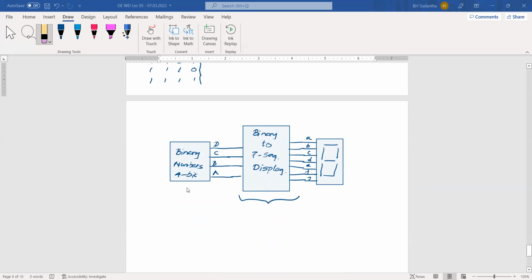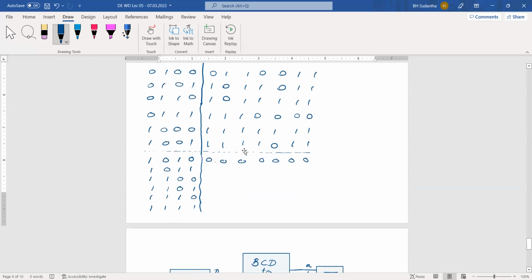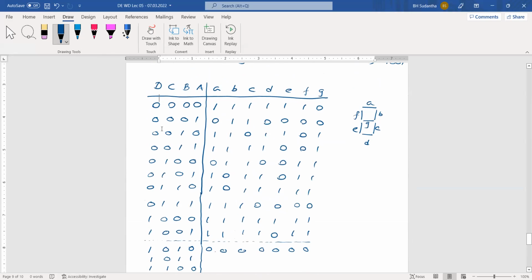Instead of that, we have to say it's not binary. Then we can say it's binary coded decimal. Why? Actually, we are going to convert this. This is a binary value, but the final output is a decimal output.